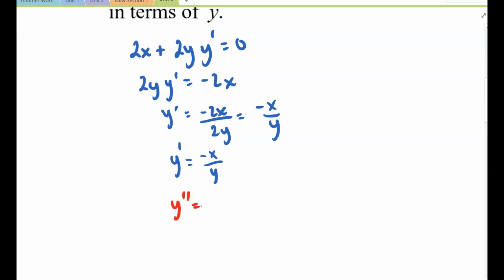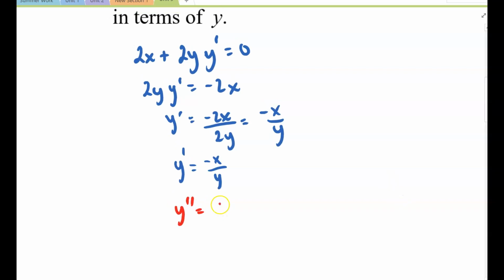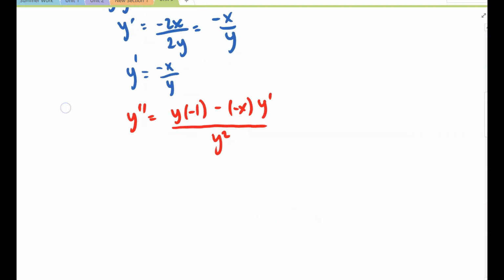So y double prime is low d high, so low derivative of the top, minus high d low, so negative x times the derivative of the bottom, which is a y prime, all over the bottom squared, y squared, and we can simplify here. So we have negative y plus x y prime over y squared, okay?